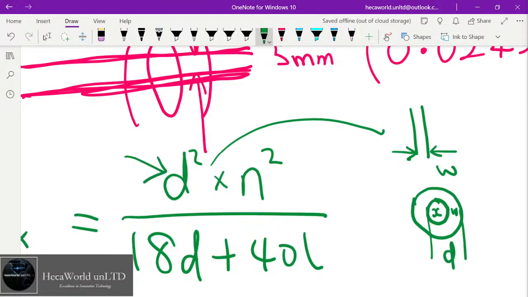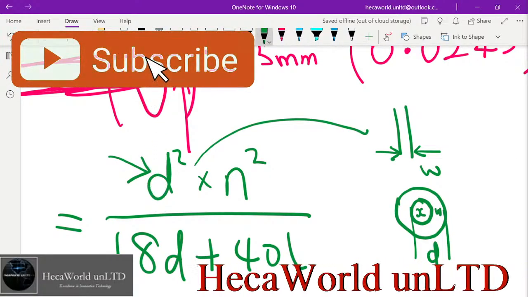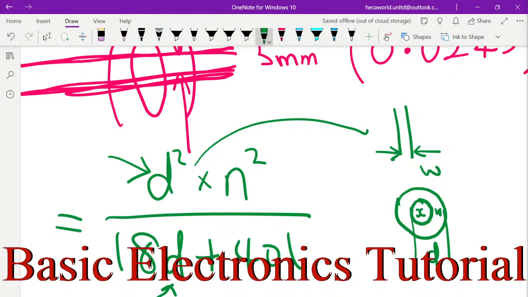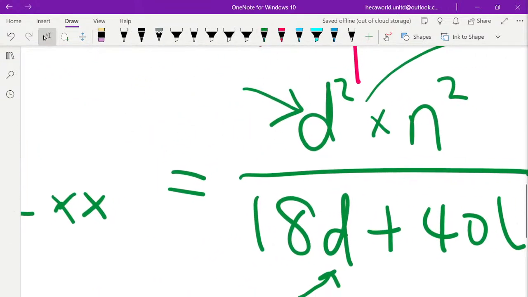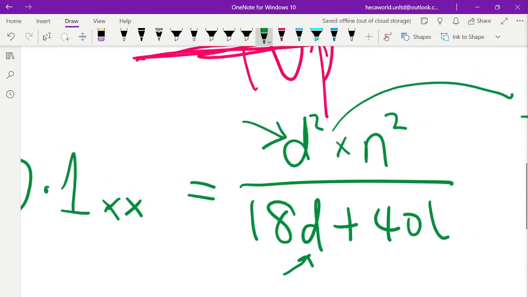So I have D now. And in the denominator as well, I have the value for D also. And then my N and my l will be determined by the number of turns that I put in there. So I have everything I need here except N and small l.